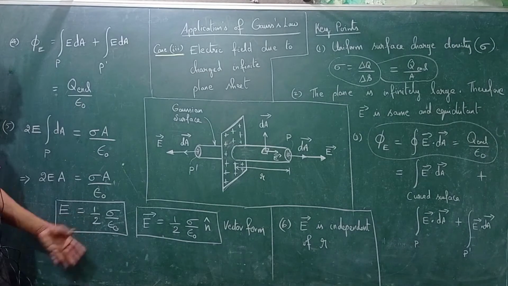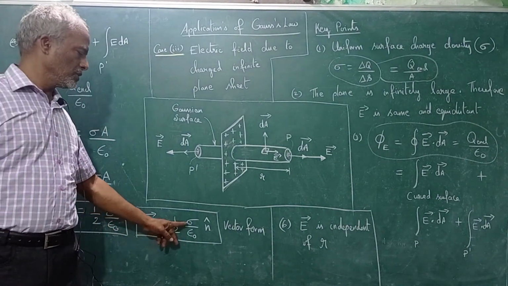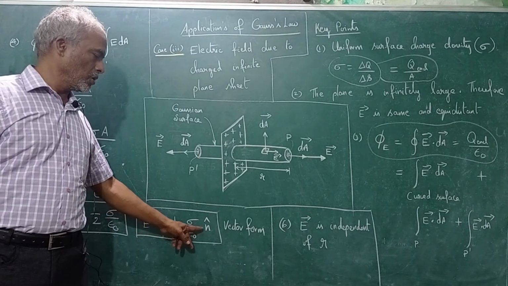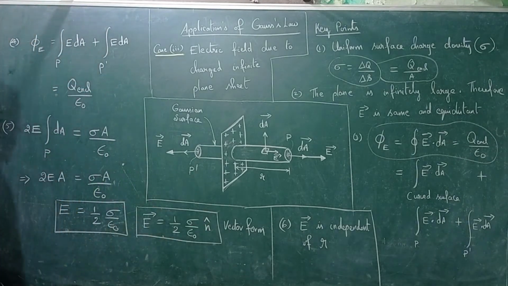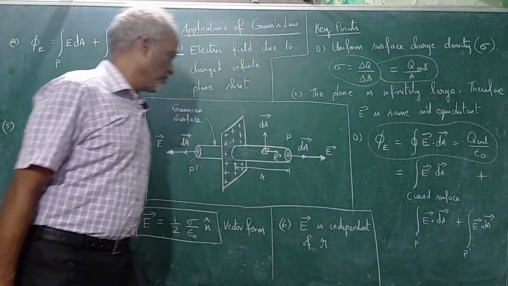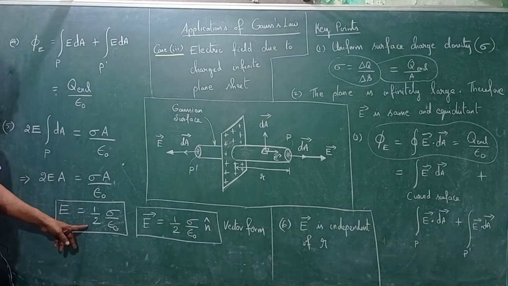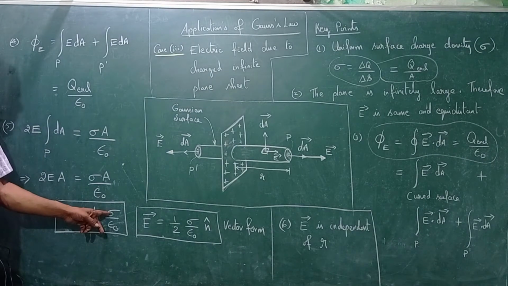In vector form, E vector is equal to 1 by 2 sigma divided by epsilon naught n cap. Now, what is the observation you make with this relation? It does not depend on the distance r. The E vector is independent of r, because in the final answer, the electric field depends only on sigma.